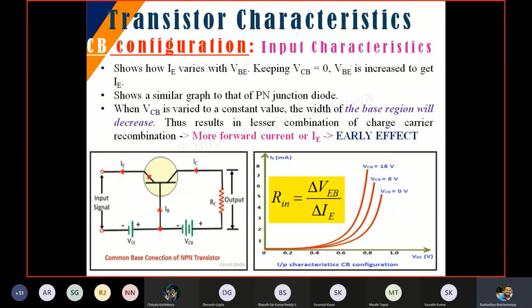Because based on the input and output characteristics, we will specify that particular transistor: what its operating point is, what the nature of its cutoff is, and what the particular voltage is after which it might create some problem or burn out. These specifications can only be measured if I get hold of a characteristic. Just like we had diode characteristics, similarly we can have transistor characteristics.